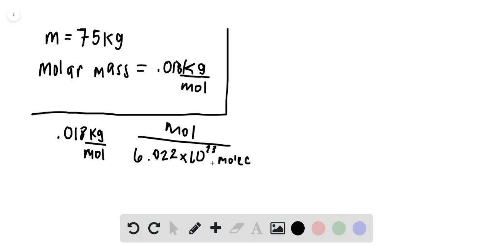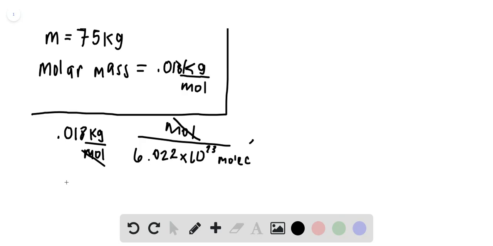Great. So now there's a few different ways we could do it. When I originally did this problem, I stopped here and inverted the fraction to get the number of molecules per kilogram and continue.